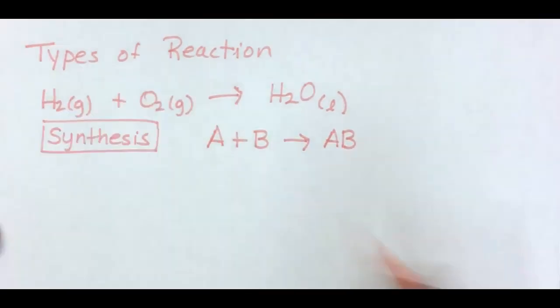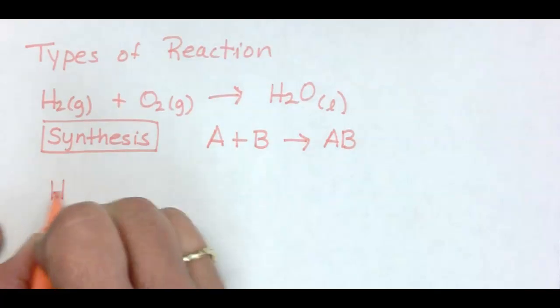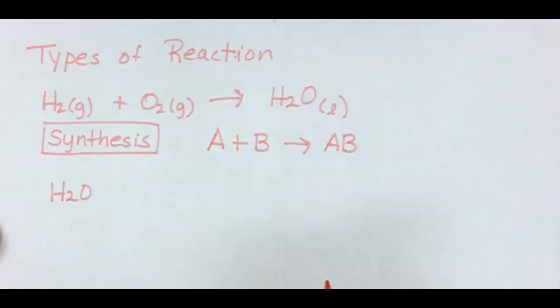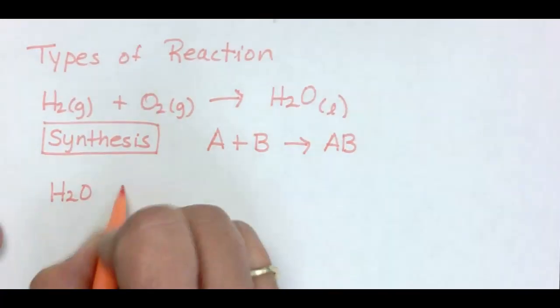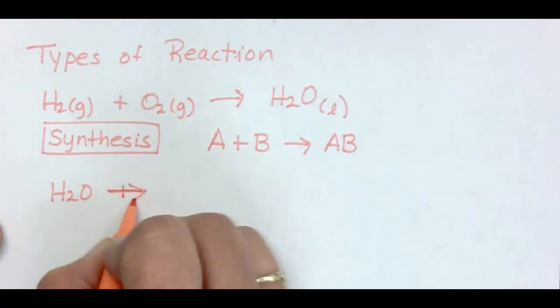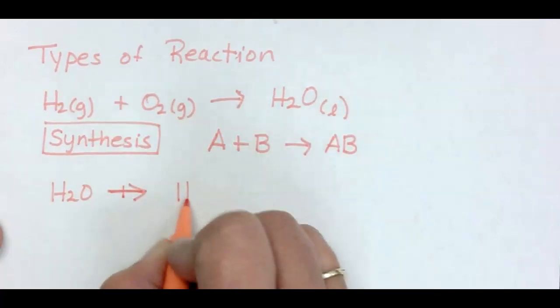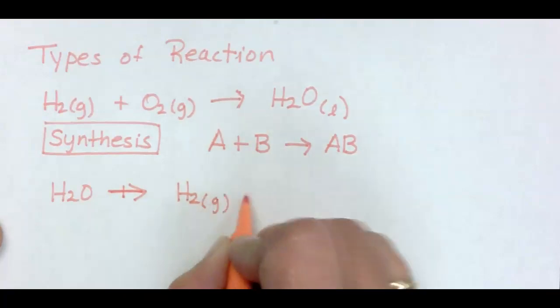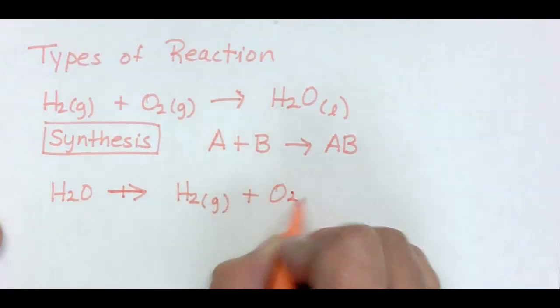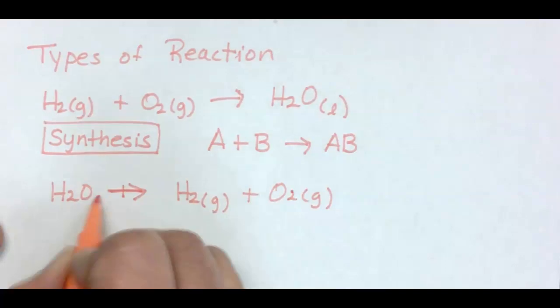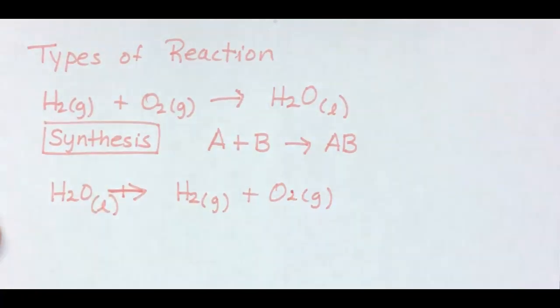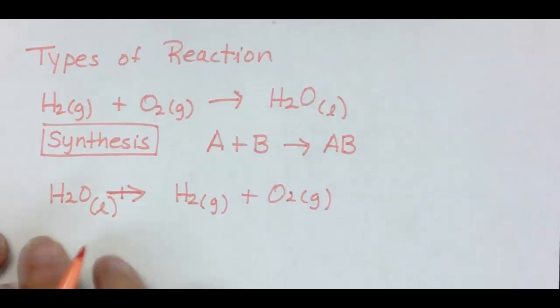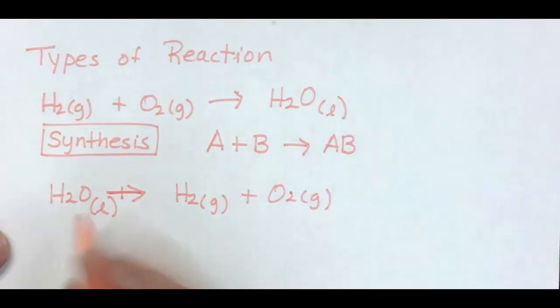Okay, our next one is actually just the opposite. We'll just go ahead and use this same thing. If I have H2O, then, whoops, that's an arrow, then I can break it down into hydrogen gas plus oxygen gas. Okay, so I can take liquid water, and this would be called an electrolysis reaction for the most part, but this is called a decomposition.